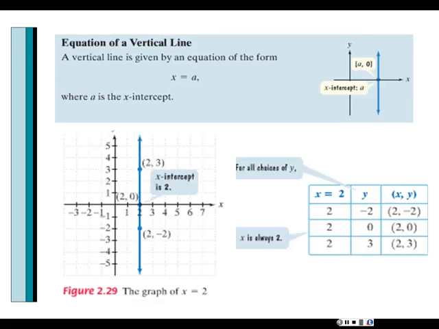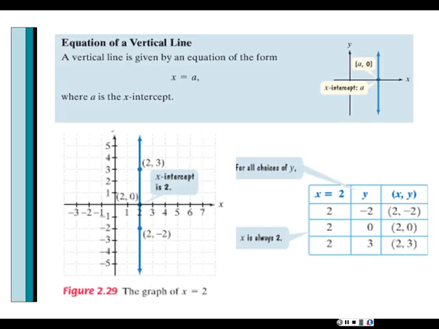So again, in the case of vertical lines, so far we know that the vertical line has a complicated issue because the slope is undefined. But there is a way of finding the equation, because any vertical line is parallel to the y-axis, right? And it must intersect the x-axis, doesn't matter where it is.